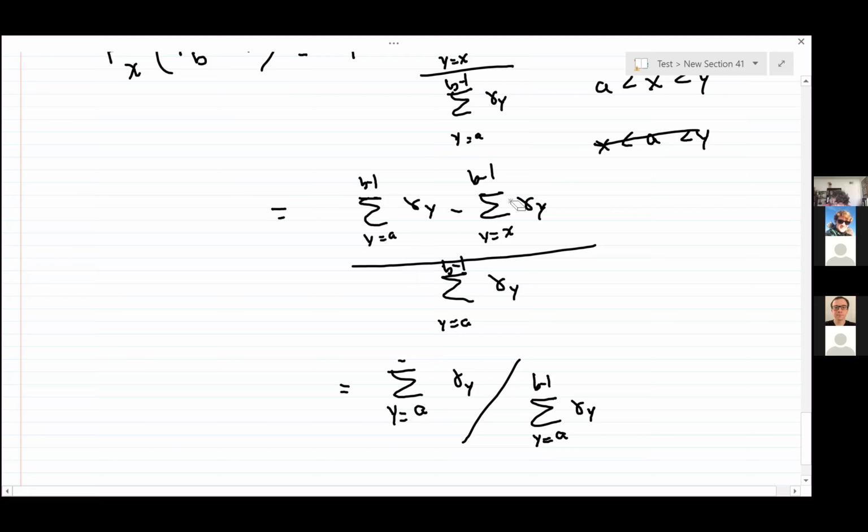And here you're taking everything of those away. So you're actually summing from X plus 1 up to B minus 1.